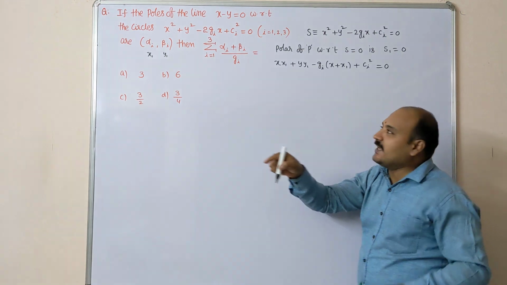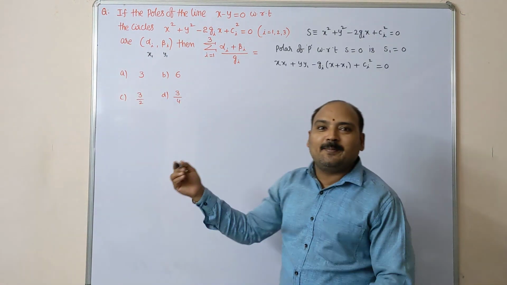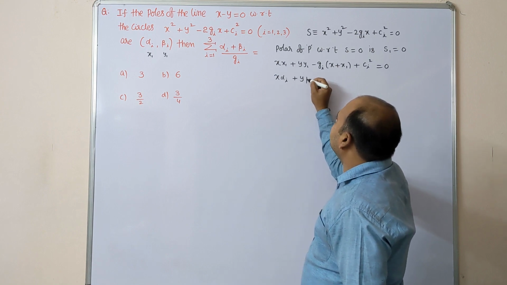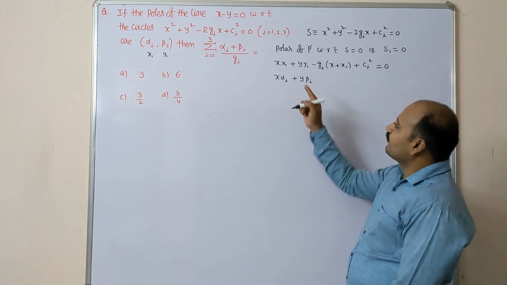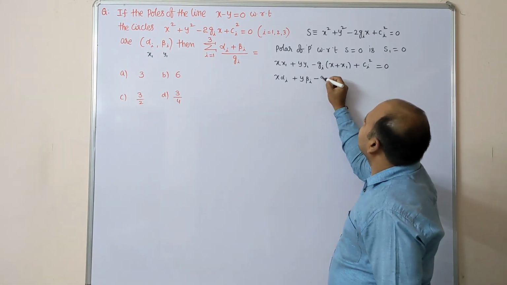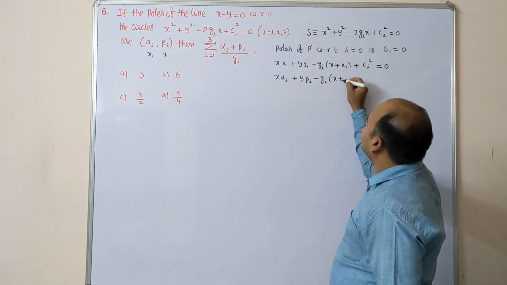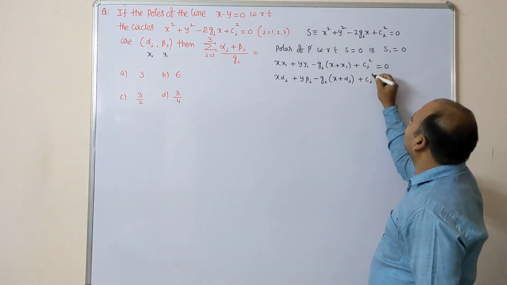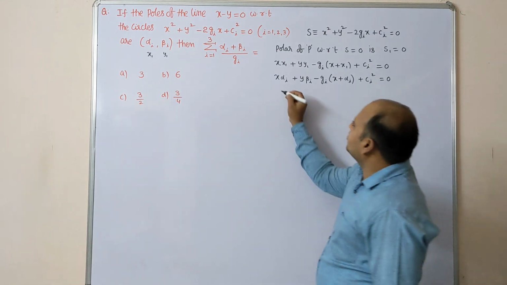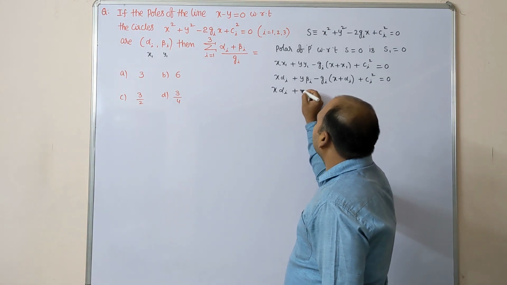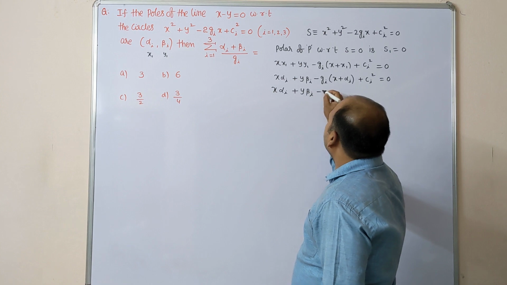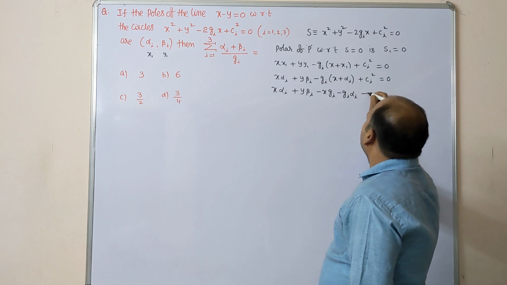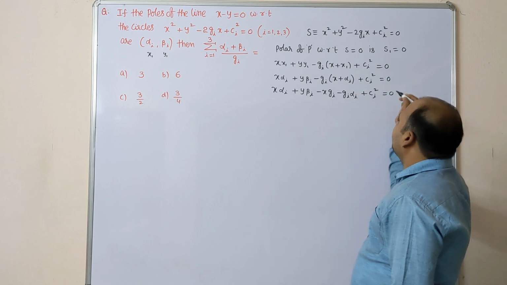But at what point are they asking? The x1, y1 values are alpha i, beta i. Substitute. So x into alpha i plus y into beta i minus gi into (x plus alpha i), x1 value, plus ci square is equal to 0. So simplify: x alpha i plus y beta i minus x gi minus gi alpha i plus ci square equal to 0.